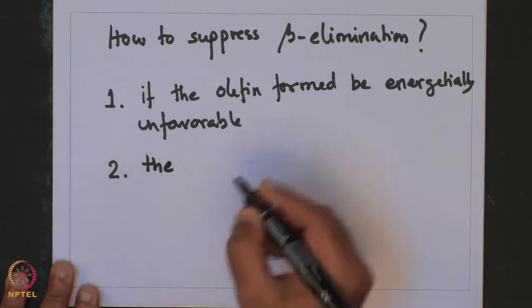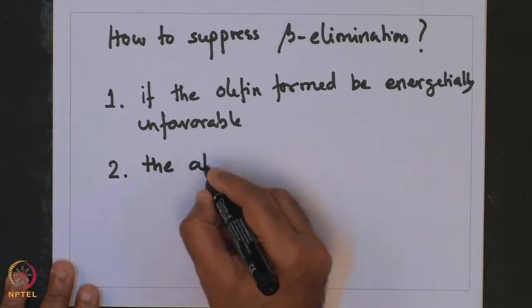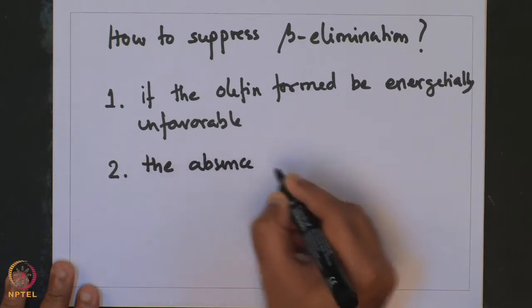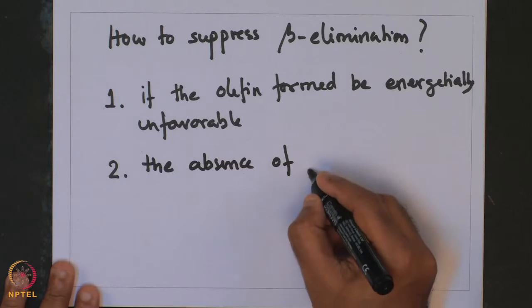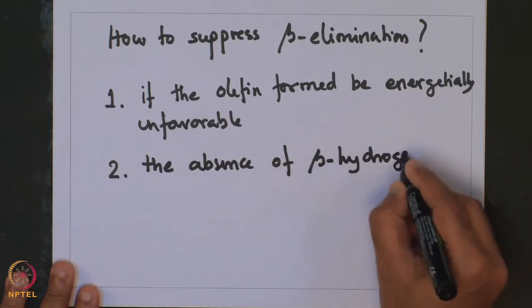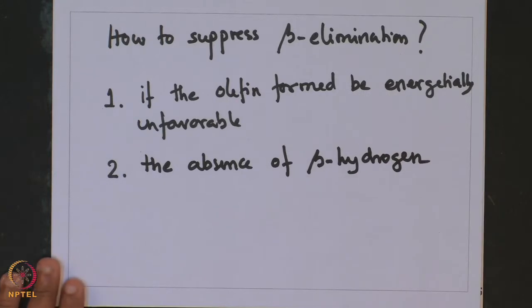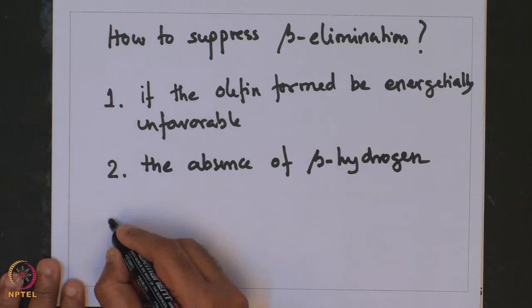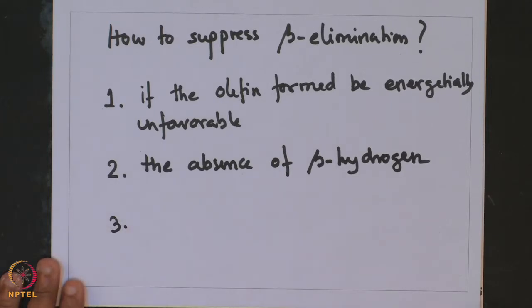So, the second strategy is about the absence of beta hydrogen, and the third one also involved a clever technique where beta elimination was suppressed because of coordinative saturation.